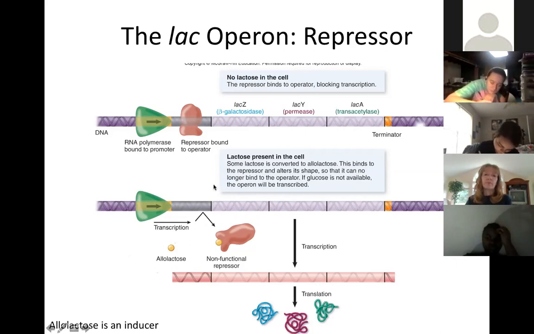So again, I mentioned last slide, there's not just this magical inducer that's floating around and knocking off repressors. The inducer is going to have some type of relationship to the genes that you're transcribing. So these genes that you're going to transcribe are for lactose, and allolactose is a derivative of lactose. So it's the inducer that knocks off this repressor.